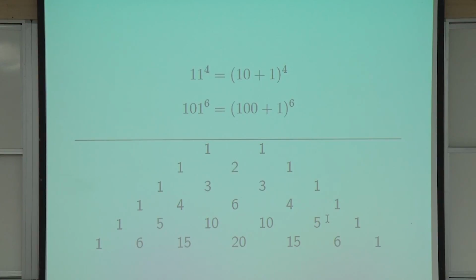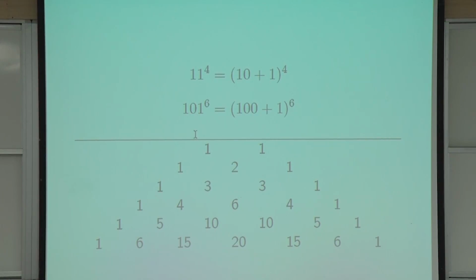So in the first case, each digit in the final result will correspond to some binomial coefficient, and for the second, every 2 digits will correspond to one of the binomial coefficients.